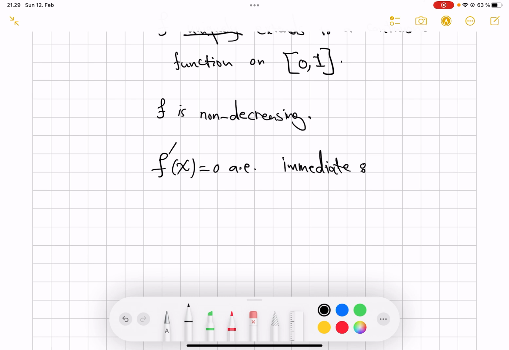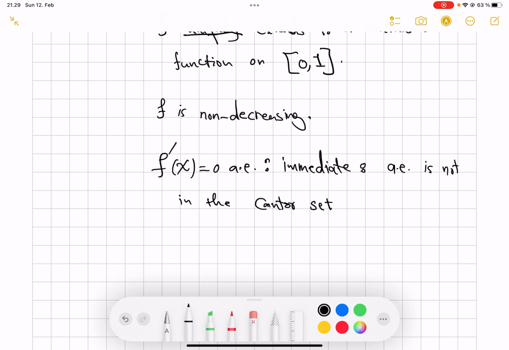This is because almost every point is not in the Cantor set, because the Cantor set has measure 0. We keep the same ratio because in the Cantor set, for example, you can see it from the Lebesgue density theorem.